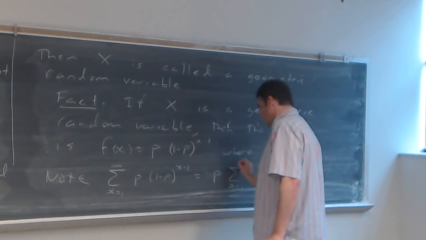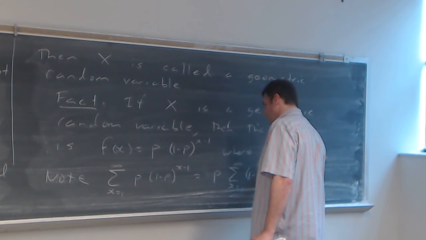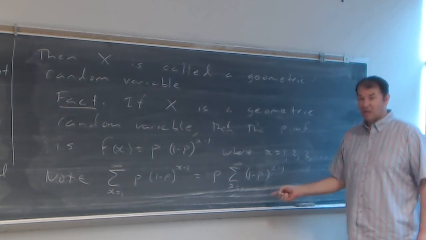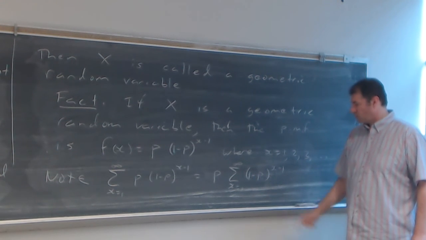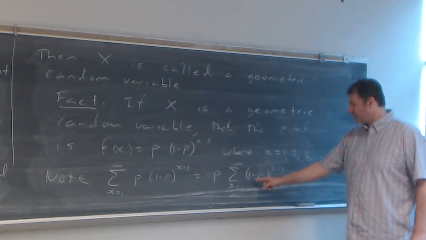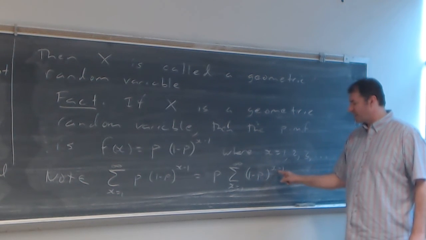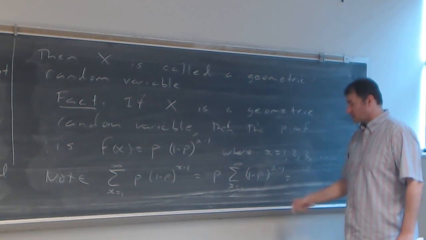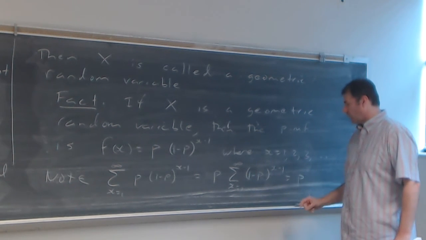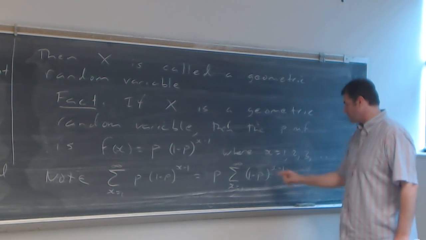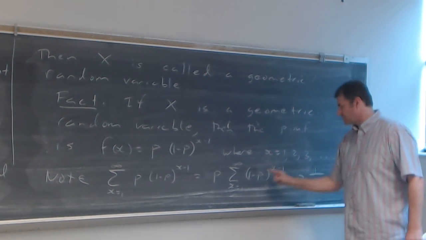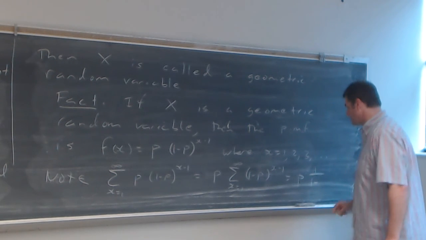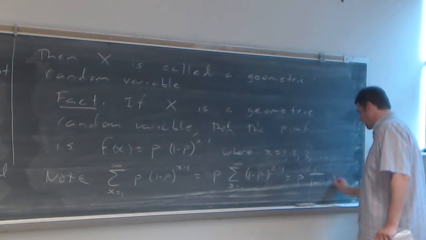The sum as x runs from 1 to infinity of (1 minus p) raised to x minus 1, with p being a positive number between 0 and 1, becomes a fixed number raised to the index, and that is a geometric series. That will converge to a specific number. It is the first term in the series, which is 1 when x is 1, over 1 minus the quantity being raised to the power, so that's 1 minus p.